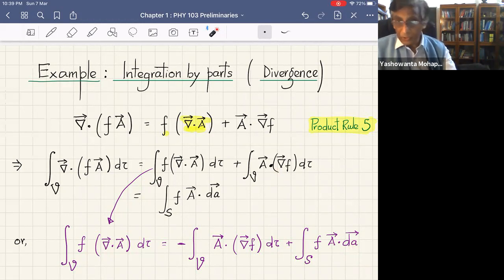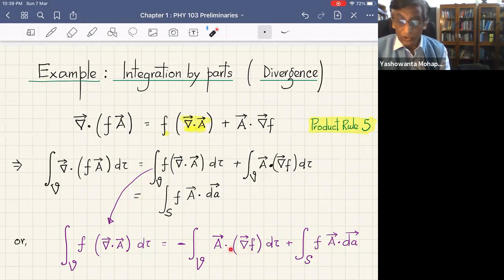So look at the structure of this integration by parts. I had a differential, the divergence of a, over a volume integral with f. I will now transfer this differential to f. And the correct differential for f is grad of f. That's the differential that you can take of a scalar function.